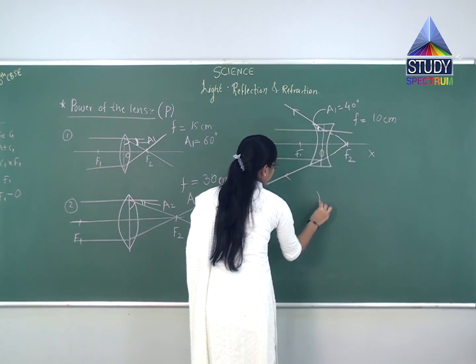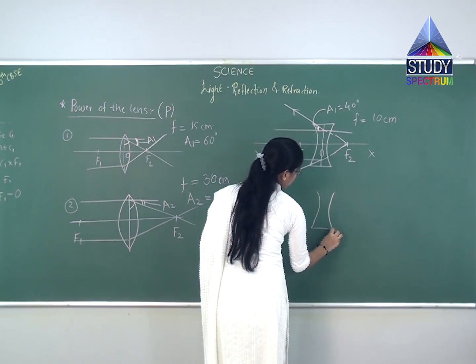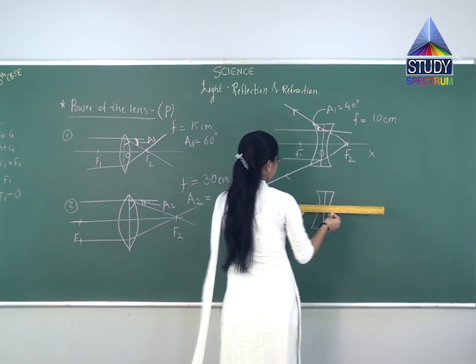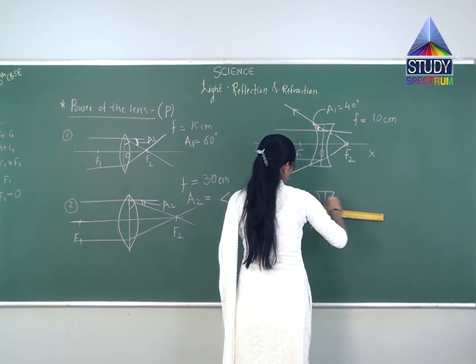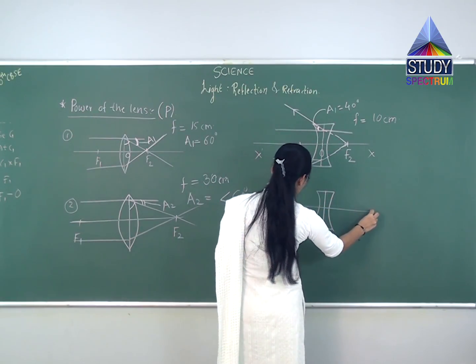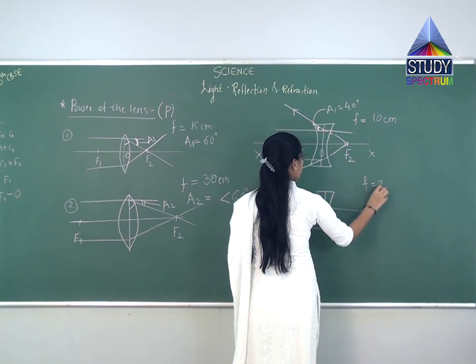Now suppose I am taking a similar lens here. Now my focus is at a longer distance. Suppose here the focal length is 20 cm.